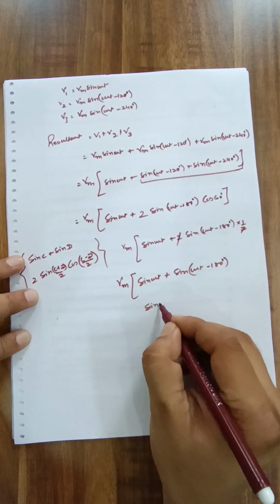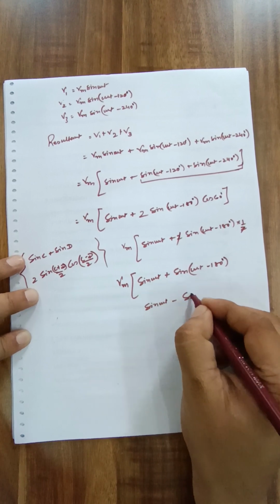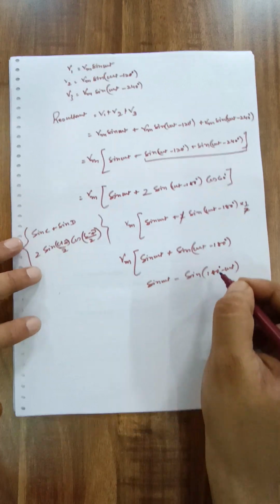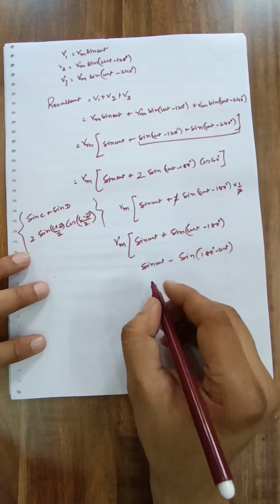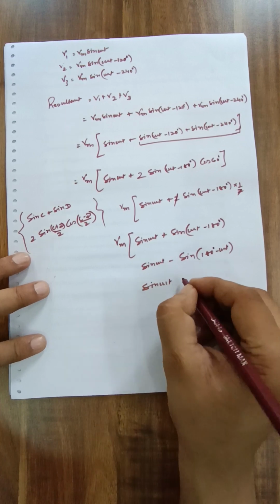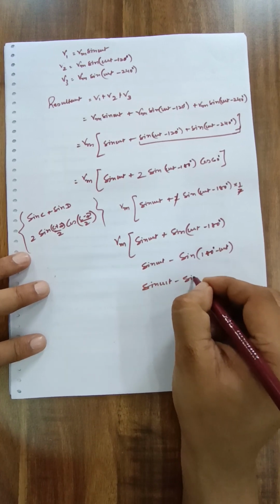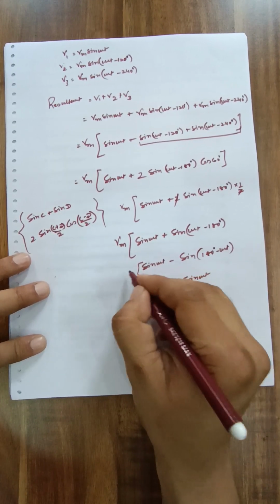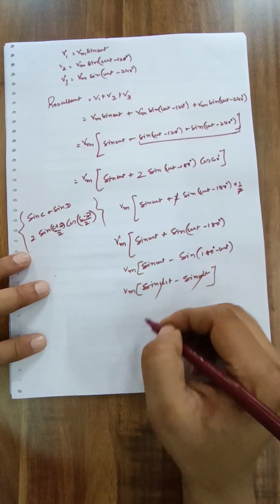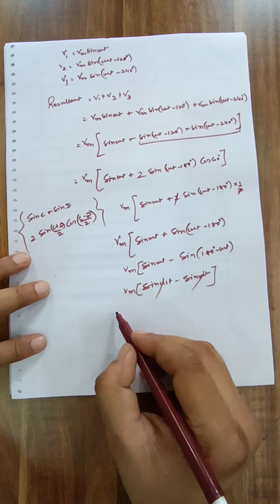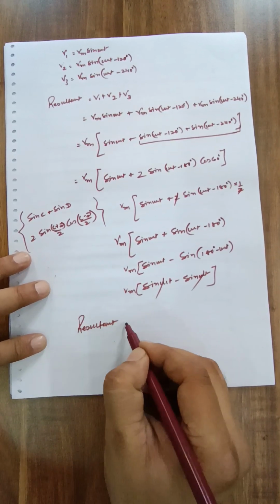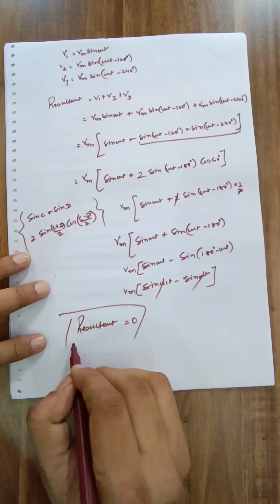So it will become sin omega t minus sin 180 degree minus omega t. So 180 degree minus omega t is in second quadrant, so sign will be positive, and 180 is not changing the ratio. It will be sin omega t only. So here Vm is outside, both will get cancelled out, and the resultant will be equal to 0.